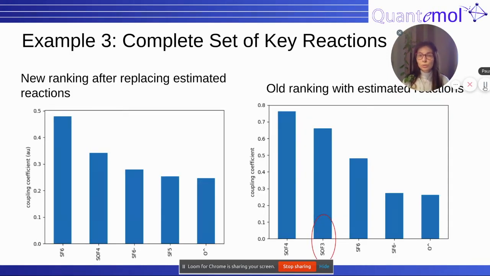We have also rerun our ranking algorithm, and it turns out that with the new cross-sections for SOF4, which were calculated and more precise, the importance of the SOF3 molecule is significantly decreased, so it's no longer in our top 5 most important species.